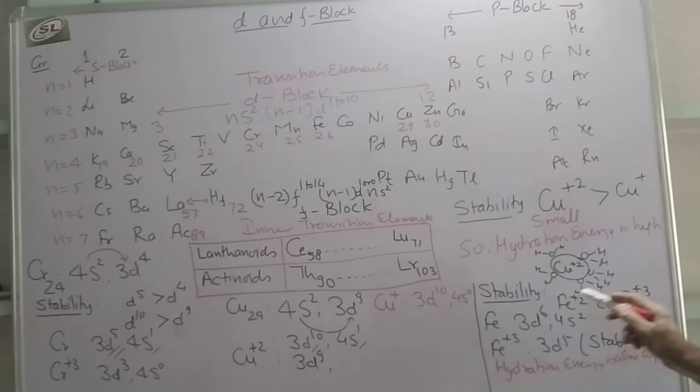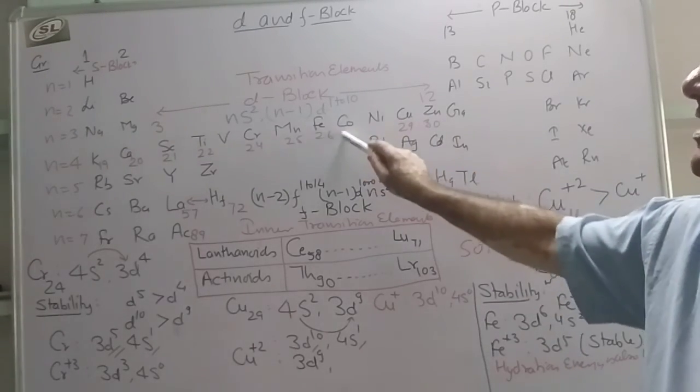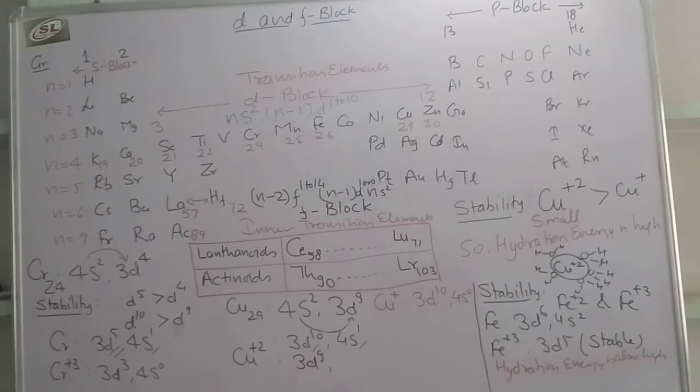In the case of Fe ions, Fe forms 2 ions, Fe plus 2 and Fe plus 3. Fe has the configuration according to its 26th atomic number, 3d6 4s2. Out of these two, Fe plus 3 will be more stable.